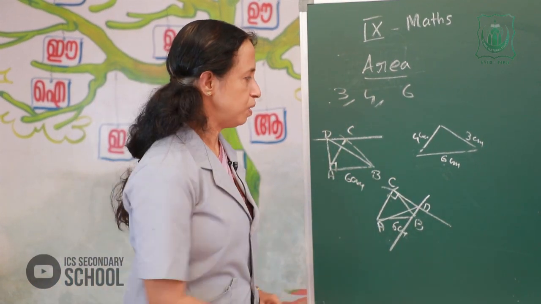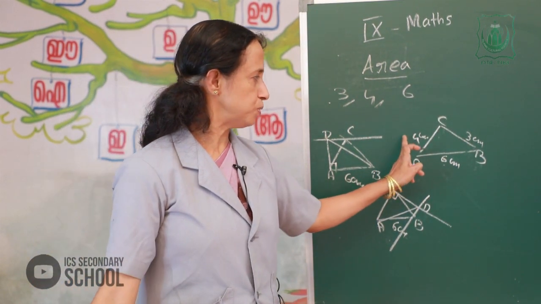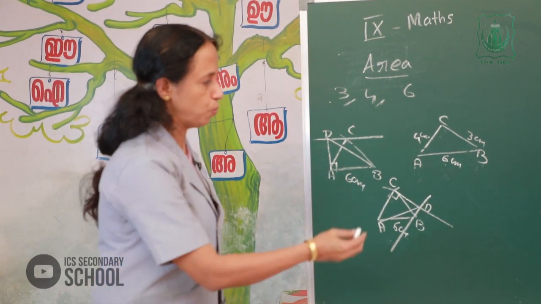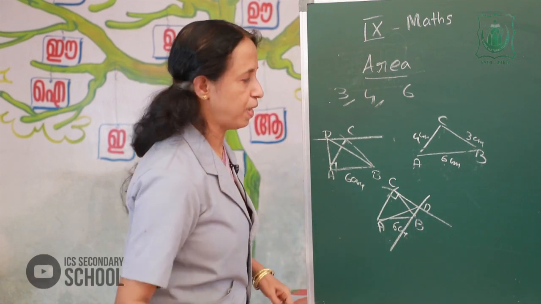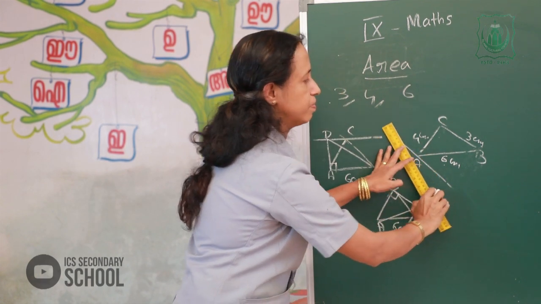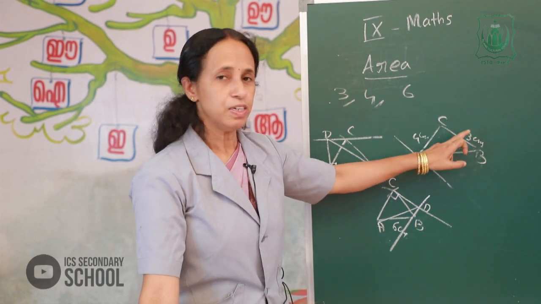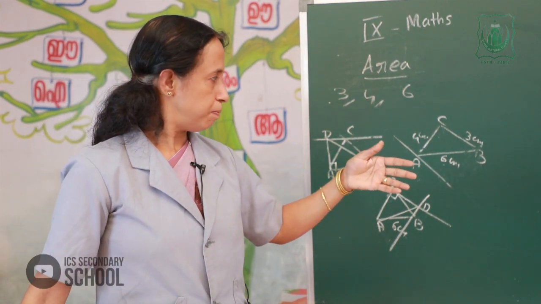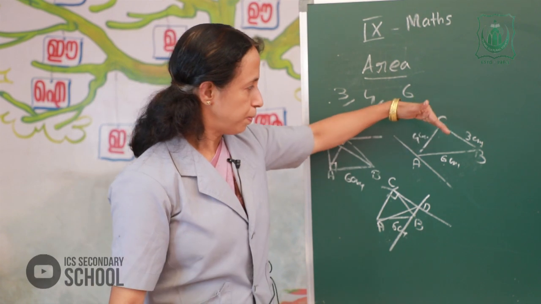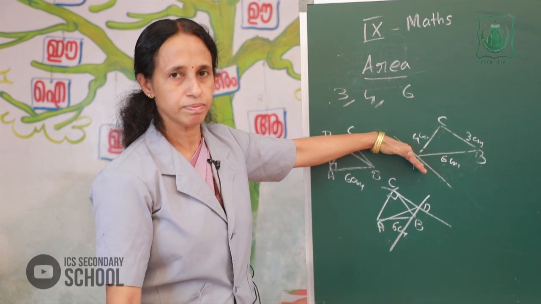Draw a line, and write the names A, B, C. Draw a line parallel to BC through A.